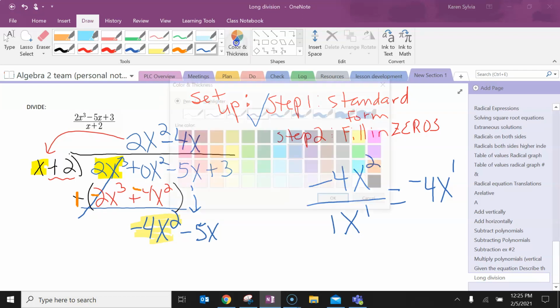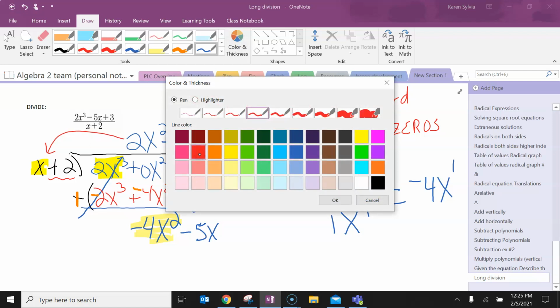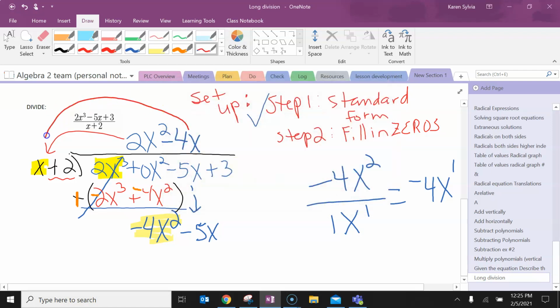Now, following the same procedure, I should have to multiply. And again, when I multiply, I'm multiplying through. So negative 4x is being multiplied through the entire binomial, negative 4x times x plus 2.